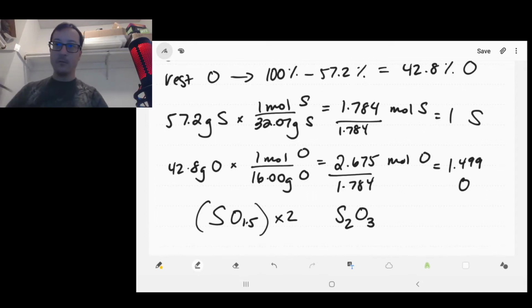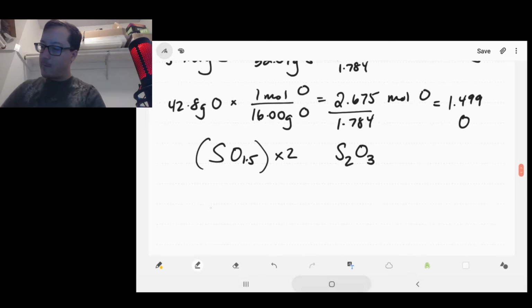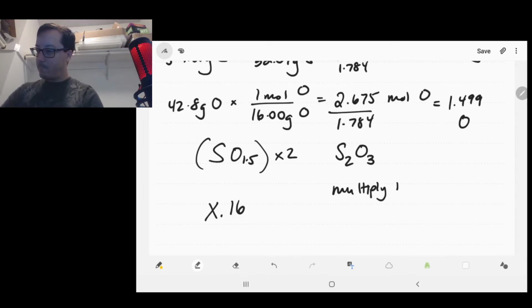So you cannot round unless it's within 0.05. This is 0.5 away from rounding. So cannot round here. And you're going to have problems if you just say SO, because that's not the ratio. So we're going to see there's kind of a handy-dandy thing to multiply by. If you have something that ends in 0.16, you want to multiply everything by 6.